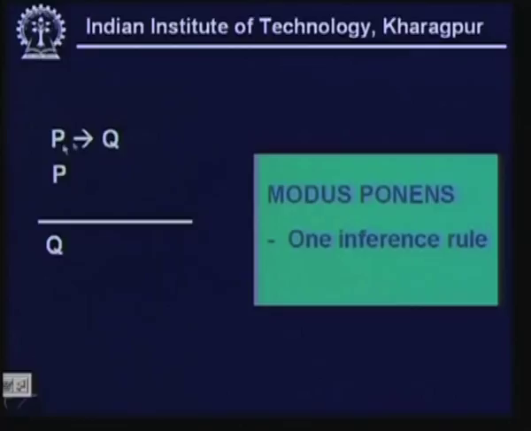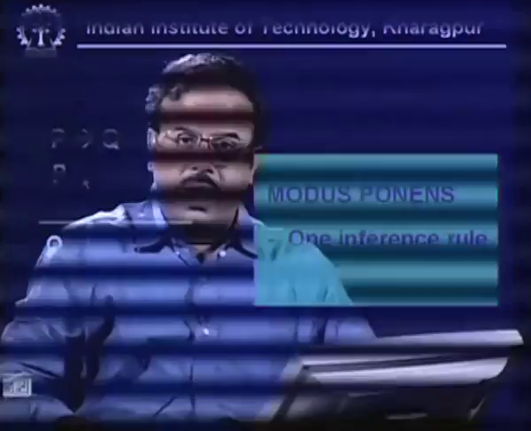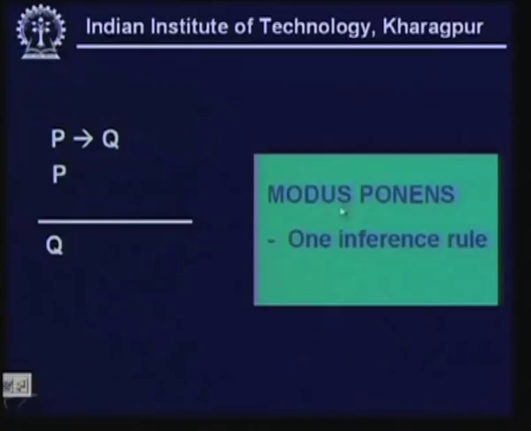So if P implies Q and P, then we can infer Q. This is a very common deduction technique that we often use in our day-to-day life, and it has one name, and that name is modus ponens. Okay. This is one typical inference rule which is very popularly used for carrying out inferences.